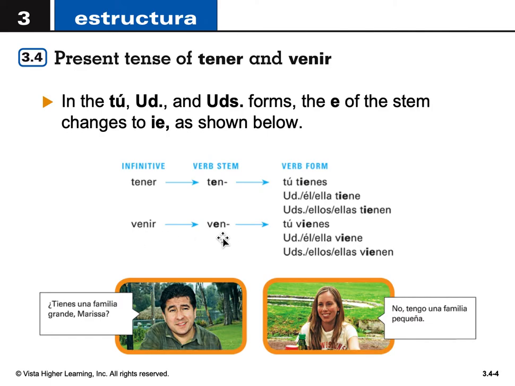Venir changes to ven, and then vienes, viene, vienen. ¿Tienes una familia grande, Marisa? Do you have a big family, Marisa? No, tengo una familia pequeña. No, I have a small family.